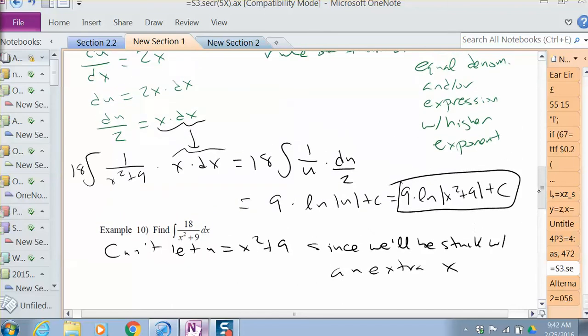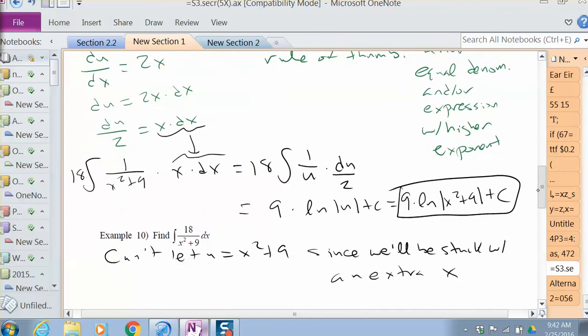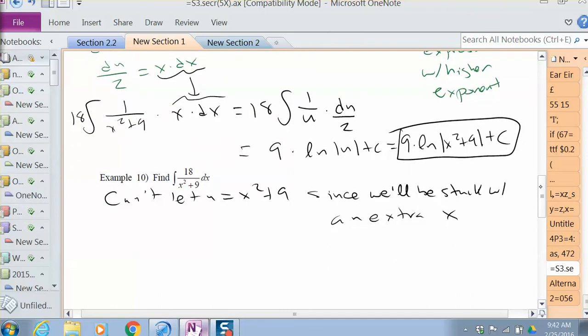Because remember, when I took the derivative of x squared plus 9, I got 2x, but I was able to substitute that for example 9. How am I going to do that for example 10? The whole point is to make it easier to substitute. So, what do you guys think?